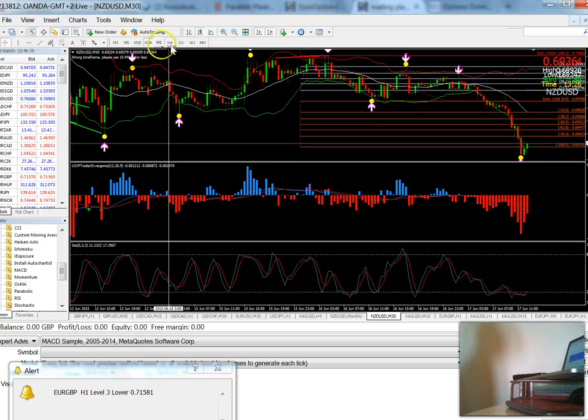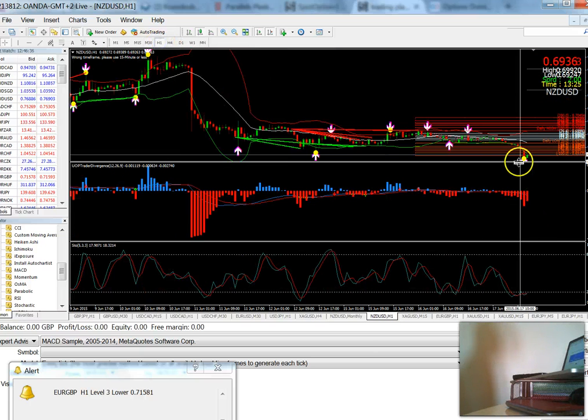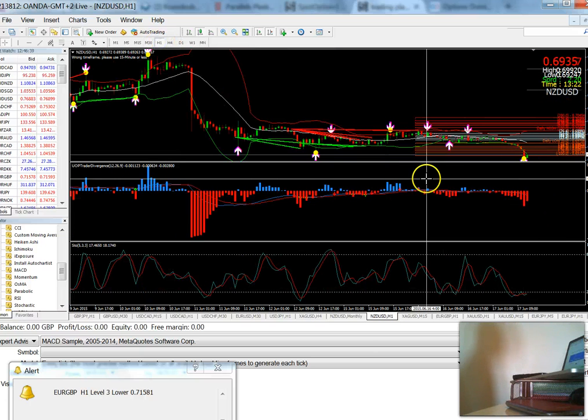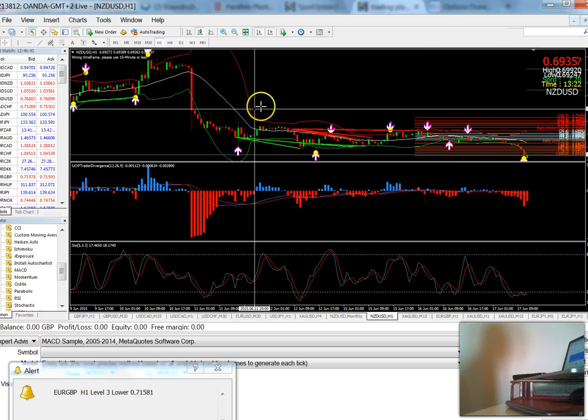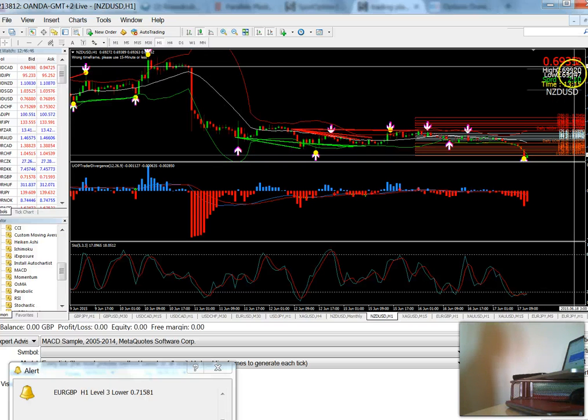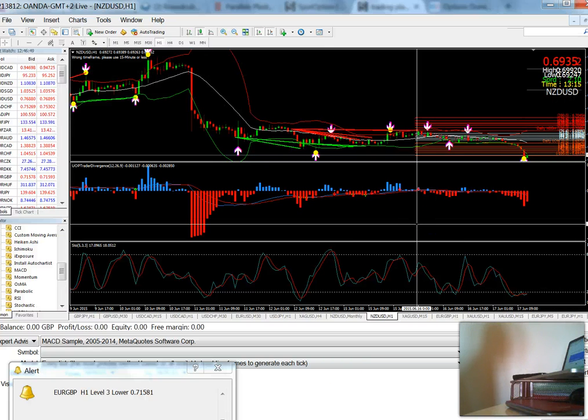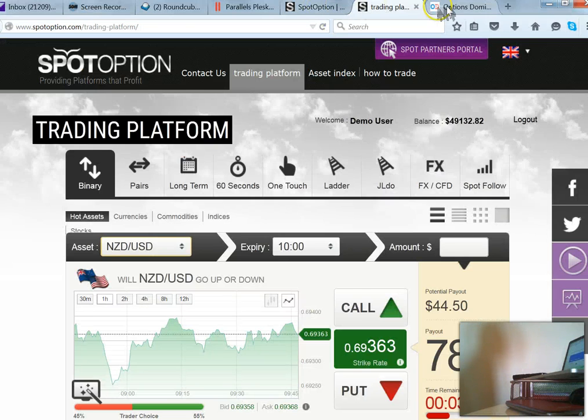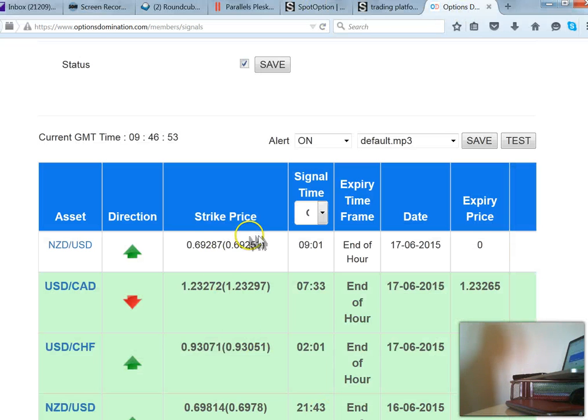And coming to the 1 hour, the super signal is there as well, which means it is a strong upward movement on the price. Hence we can see here, looking at this compared to the strike price set by Options Domination, we are way in the money, which is good.